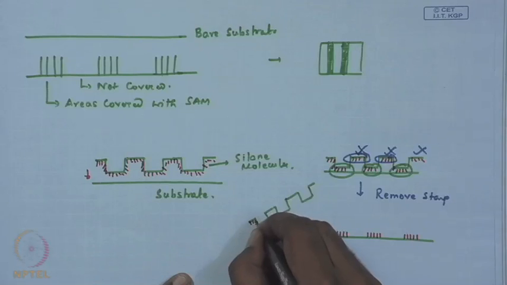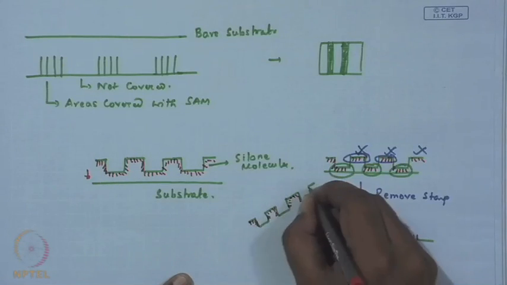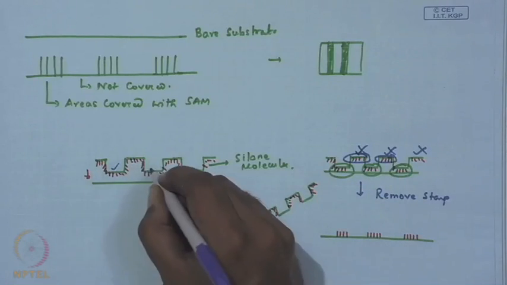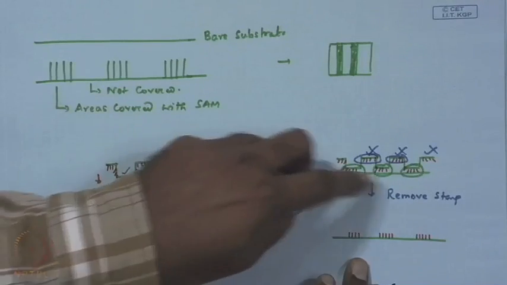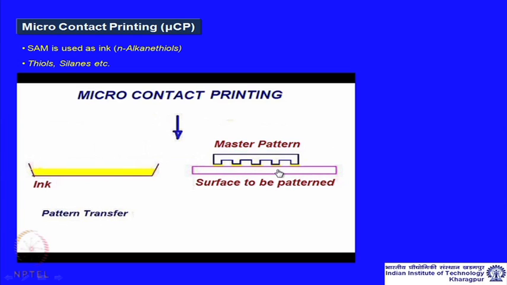The silane molecules which were over these areas remain attached to the stamp, but only the molecules over these zones which came in direct contact during the contact process, as you can see, get transferred to the surface.